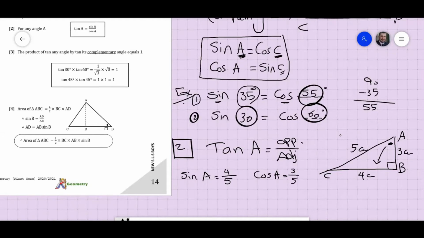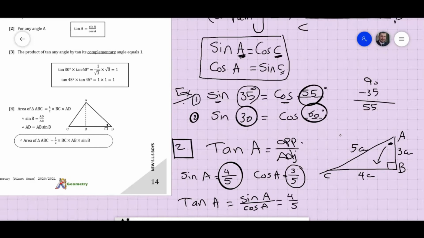Right? If I divide this sine A divided by cosine A, it will be 4 over 3. Right? Look at the triangle. How do we get 4 over 3? The 4 is opposite to angle A and 3 is adjacent. Which ratio? Tan. So tan angle A equals sine A over cosine A. You can check it by using the calculator.